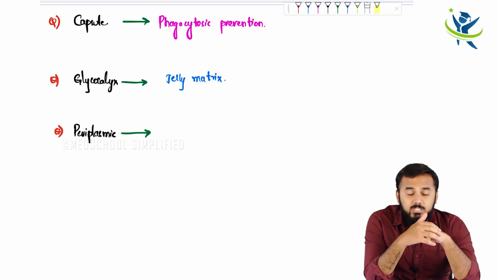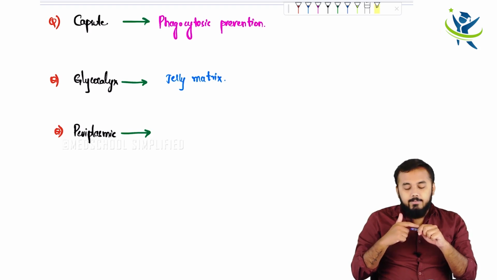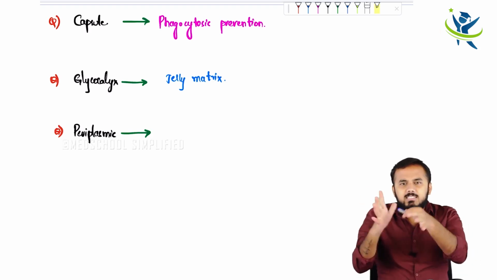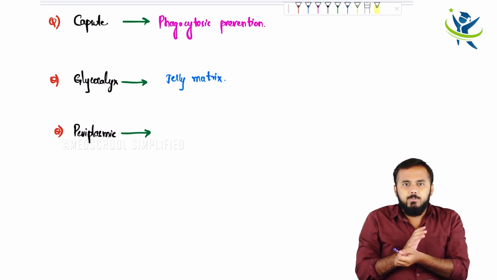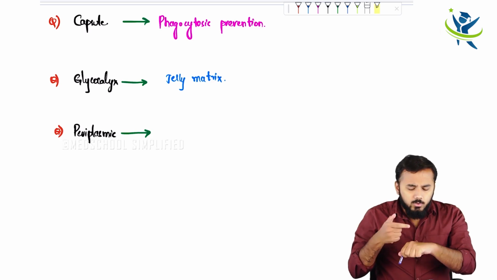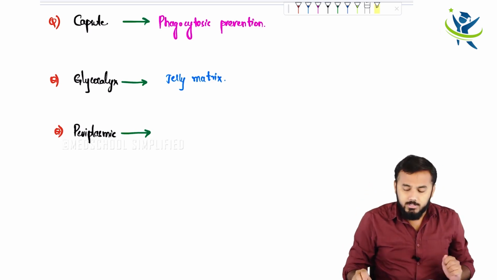And how is it sticking so firmly? Because the bacteria has a glycocalyx, which is a sticky layer, a jelly layer. So it can very easily stick to those hospital acquired devices. Obviously when you are inserting it inside, along with that, the bacteria also goes inside.